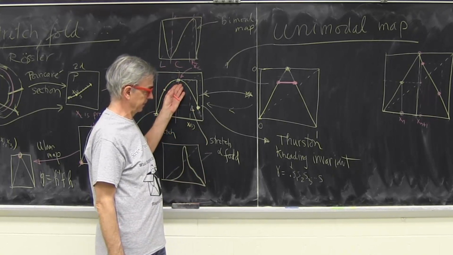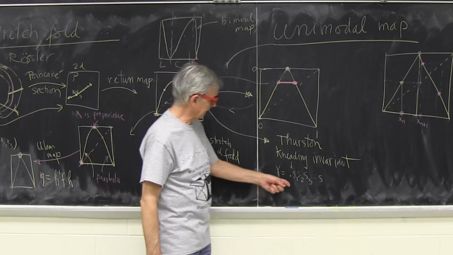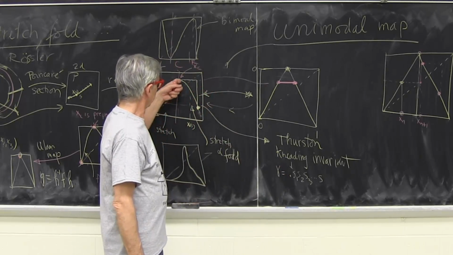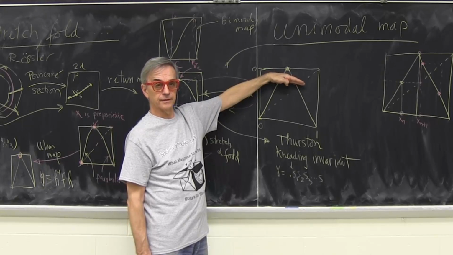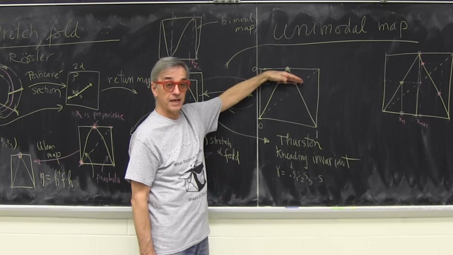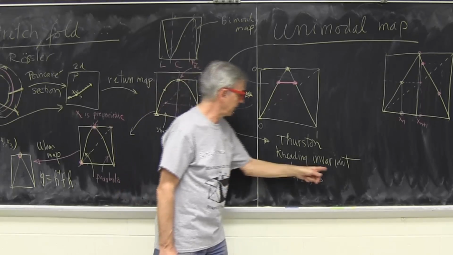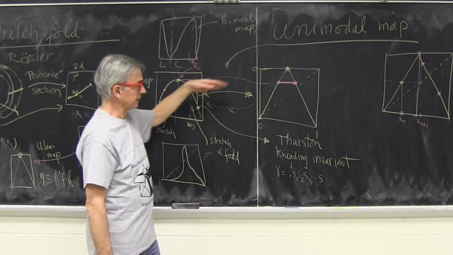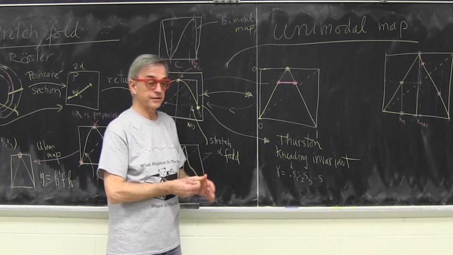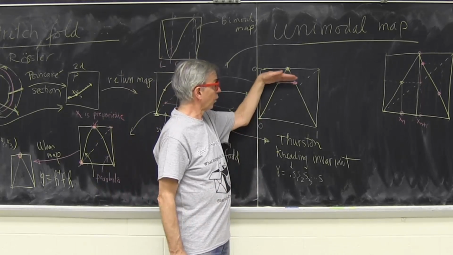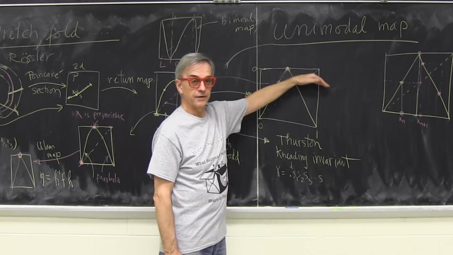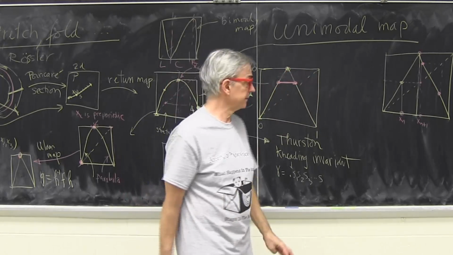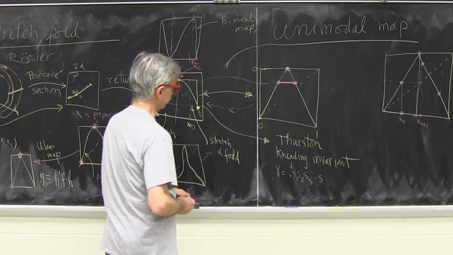Once I have this map, I can find it, and then I'll show you that I can find exactly the same cutoff point of the dike here that will have the same kneading invariant. So invariant means that topologically the infinitely many stretch and fold systems on a unit interval all have the same symbolic sequence. So that's an invariant sequence specifying the dynamics of a large class of maps of this type.